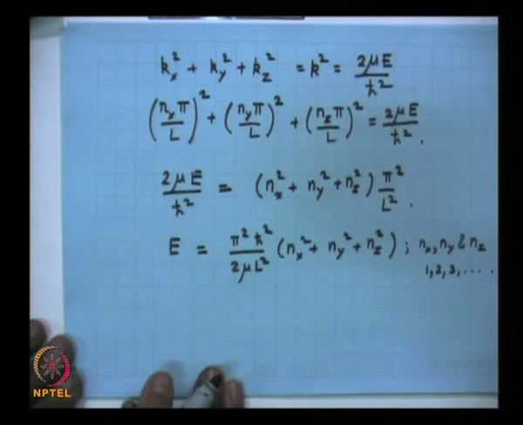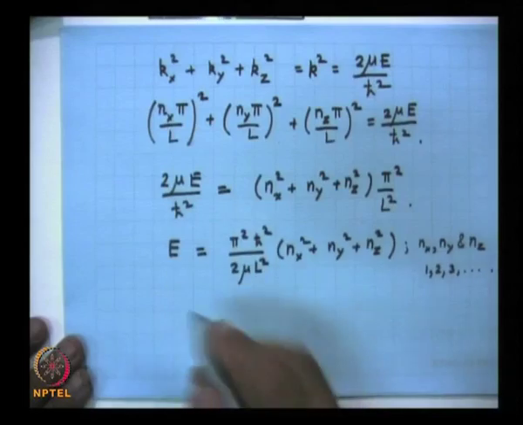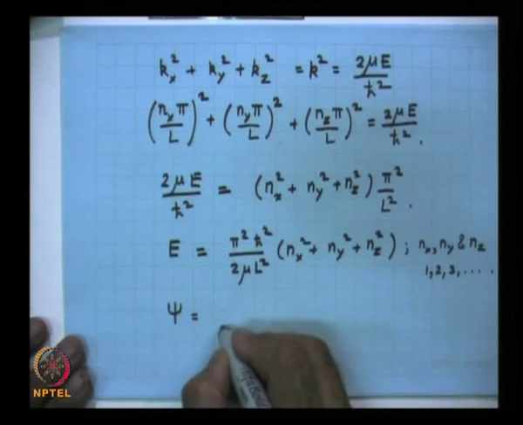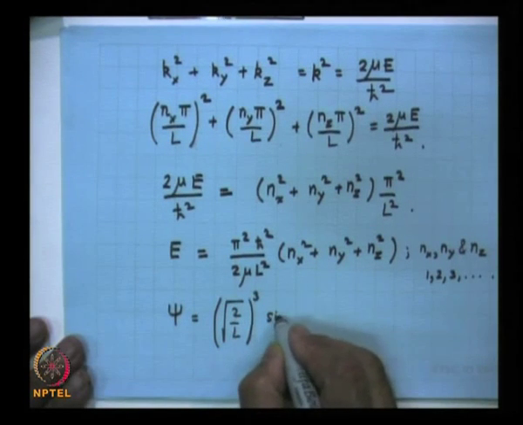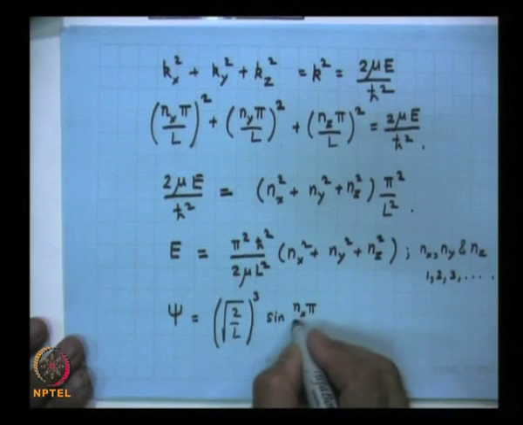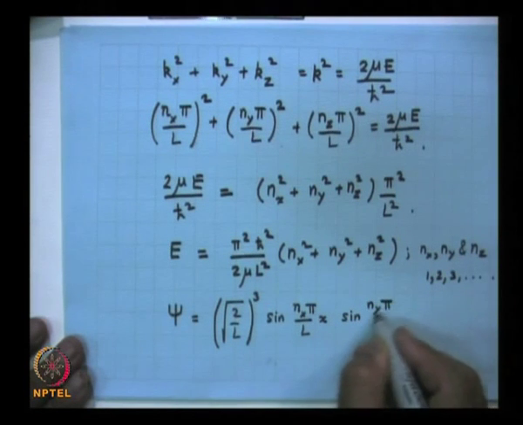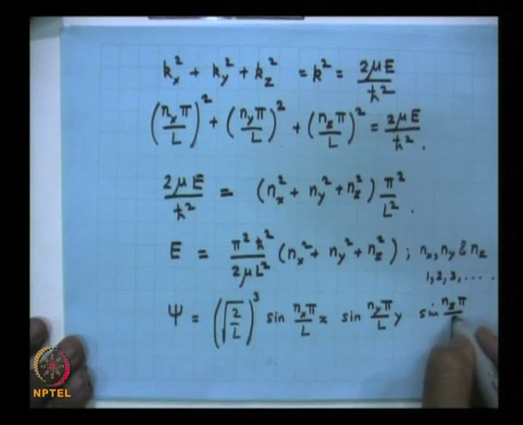So, these are the discrete values of the energy, and corresponding to each set of n x, n y, n z, we have a wave function. k x was equal to n x pi by L. So, the wave function will be some normalization constant, which I can show to be equal to the square root of 2 by L whole cubed, times sine of n x pi by L into x, sine of n y pi by L into y, sine of n z pi by L into z.